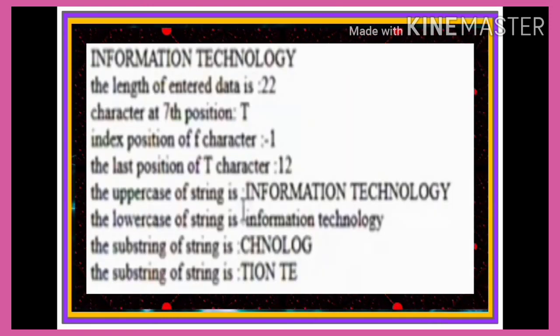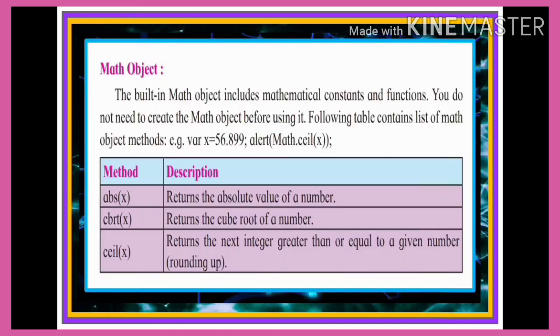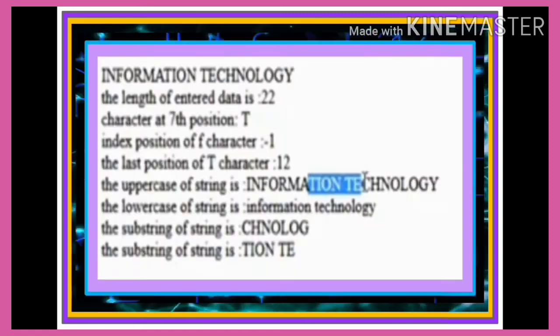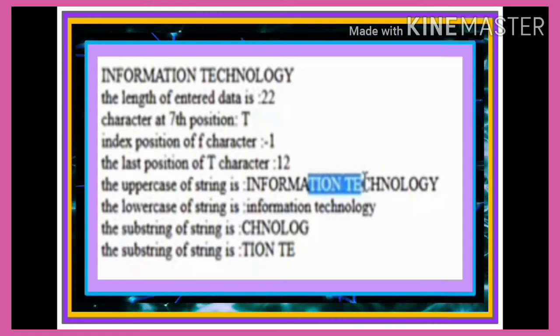You will get this output. The output shows TION TE, meaning when you use the substring function and pass 7, 14, it will display the characters between the 7th position and the 14th position.